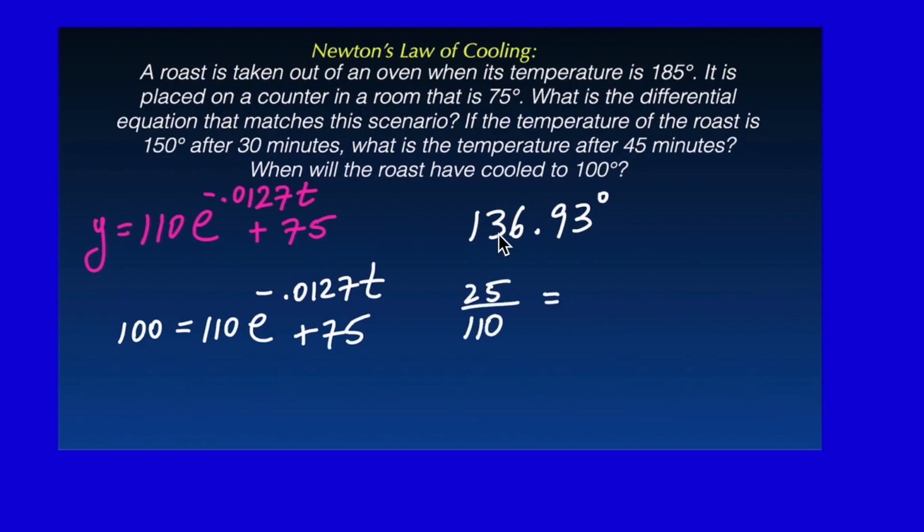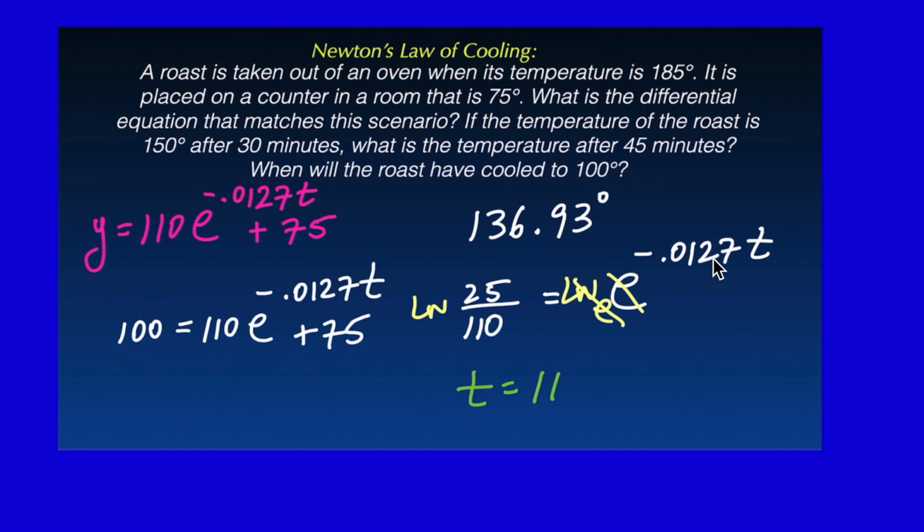That's going to give us this, e to the negative 0.0127t. We're then going to take the ln of both sides. When we do that, these cancel out, and we're going to end up taking the natural log of that fraction, dividing by negative 0.0127, and your final answer is going to be a time of 116.06 minutes.